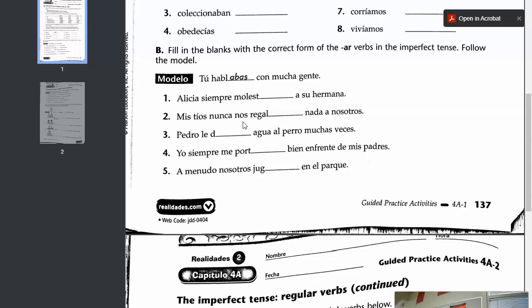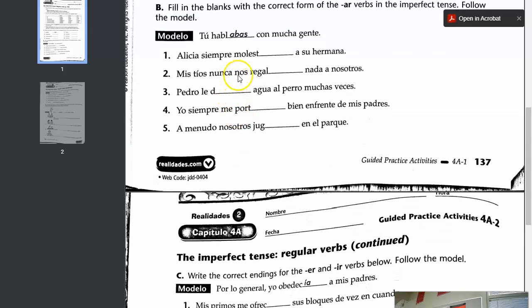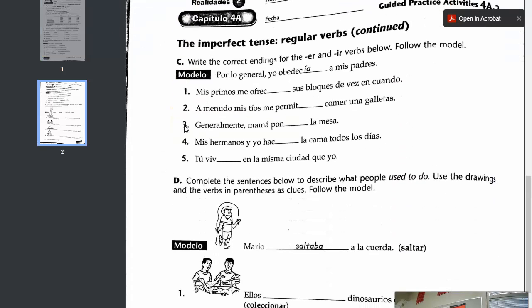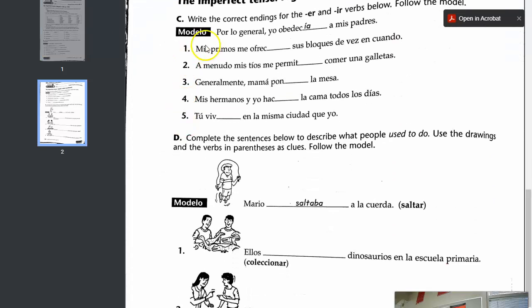So don't get that confused. In English, the recipient goes after the verb. In Spanish, it can go before or after. In this case, it's actually coming before. So don't get confused by the me or the nos. Your subject is always going to come, or more often than not, going to come at the very beginning of the sentence. All right, so that's part C.